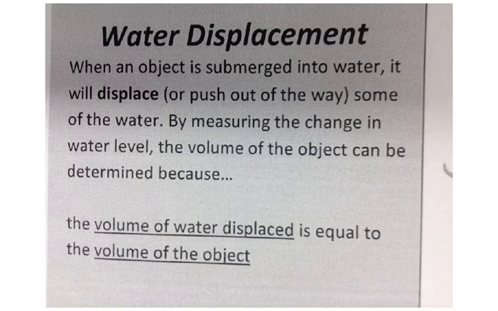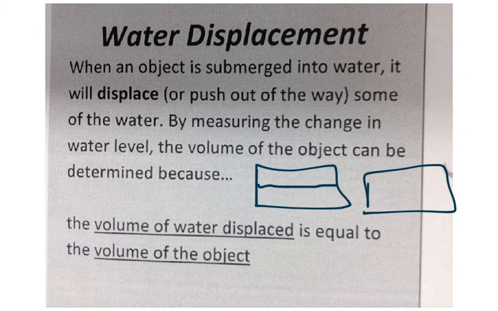Water displacement is something that students tend to be very familiar with. Basically, it's when you enter a bath. Pretend here's your bathtub. Everybody knows that you should only fill it part of the way. Why? Because as soon as you get in that bath, what's going to happen? I'm going to pretend this is the original. Now you're getting in this bath.